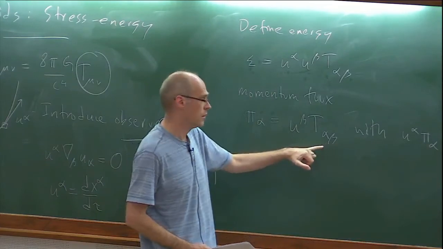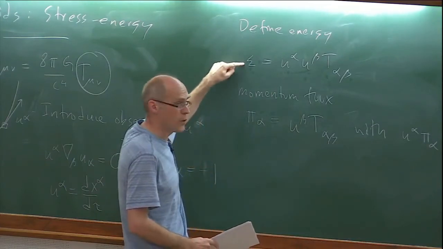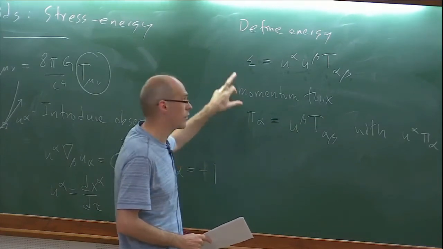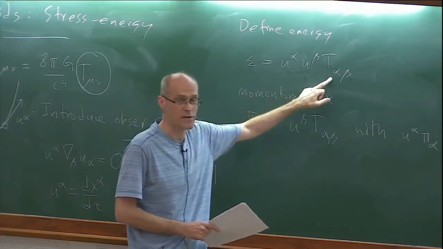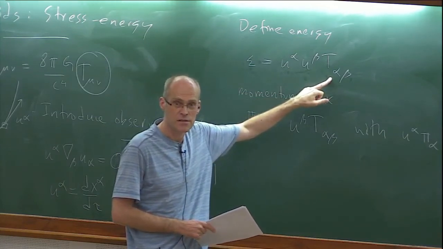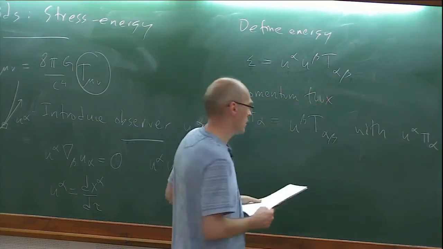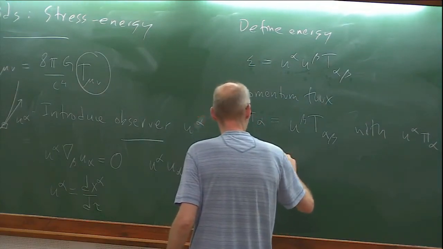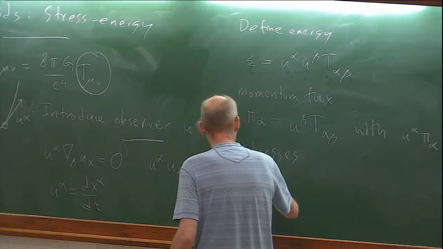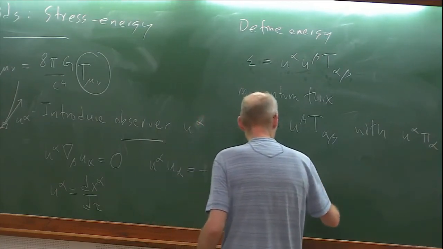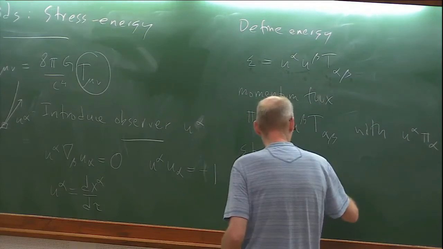Okay? So that means I got one component here, I got three more components here. So now I got 4. This guy is symmetric, he's got more than these 4, so I'm missing 6. So what are those 6 going to be? Well, they could be the stresses. Let's call that pi alpha beta for now. And so I'm going to be lazy, I'm going to put in a projection.